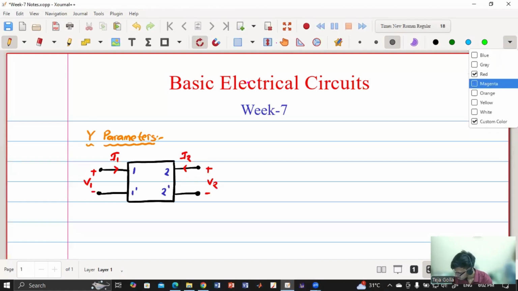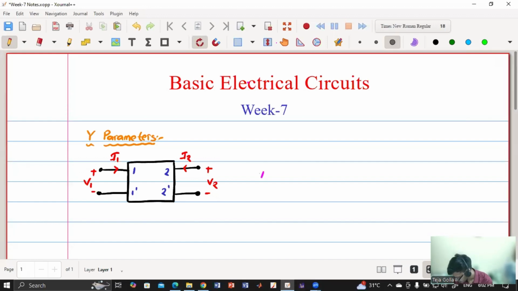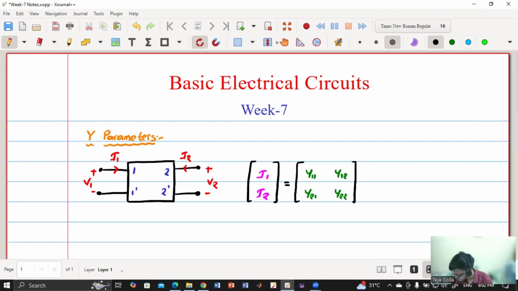Okay. So how are they defined? Y parameters are defined something like this. Their output parameters are I1 and I2, and we have Y11, Y12, Y21, and Y22. These are the parameters multiplied by the input voltages V1 and V2.